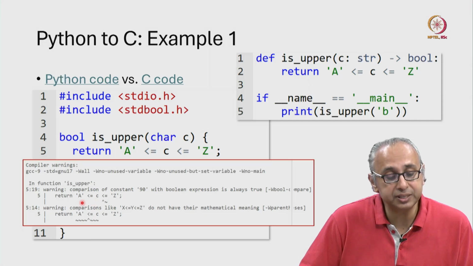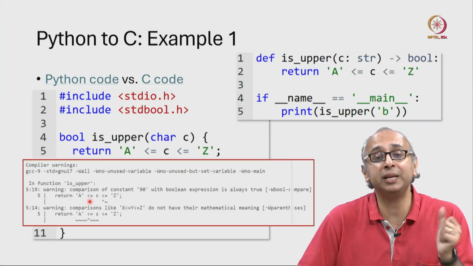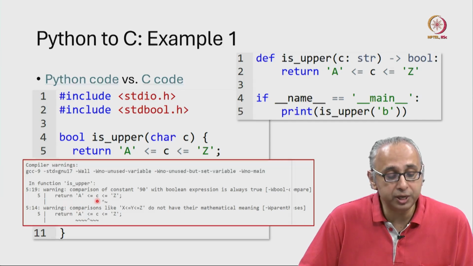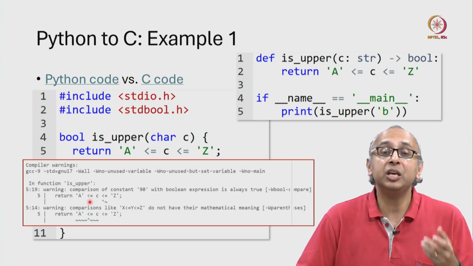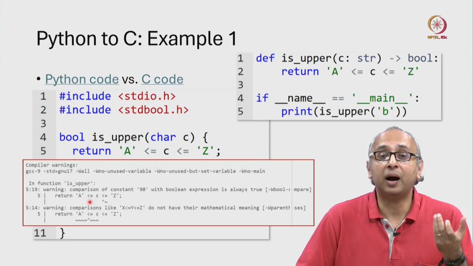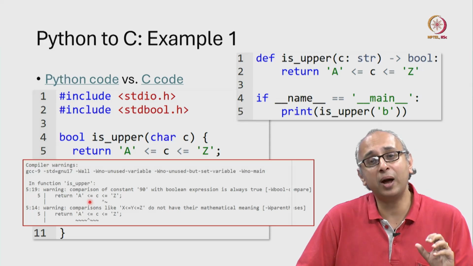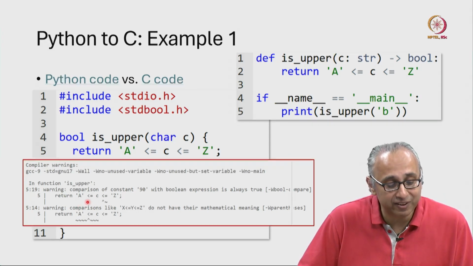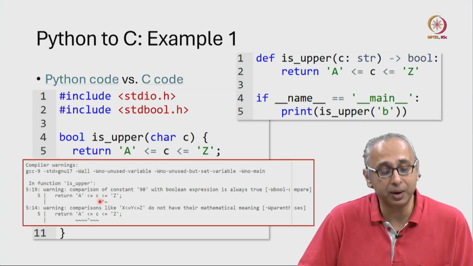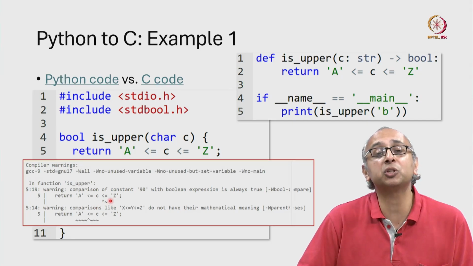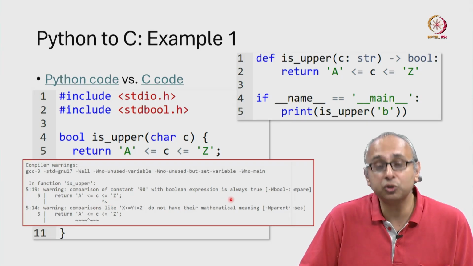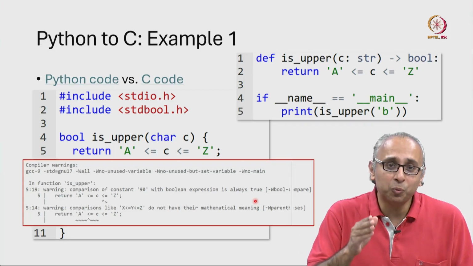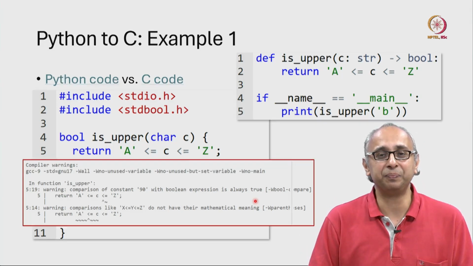And that result is the Boolean value that is being mentioned over here. So that Boolean expression is always going to be either 0 or 1. And what the compiler is telling us is that, look, that value is always going to be 0 or 1, and now you are comparing it with the constant 90, which is always true, because 0 is less than or equal to 90, and 1 is less than or equal to 90.